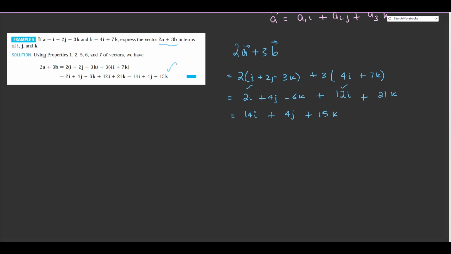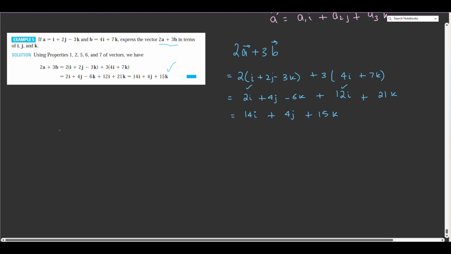That's what he was asking us, expressing 2a plus 3b in terms of ijk. This is a very important type of thing which will come in the exam.